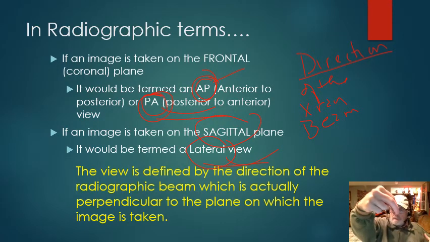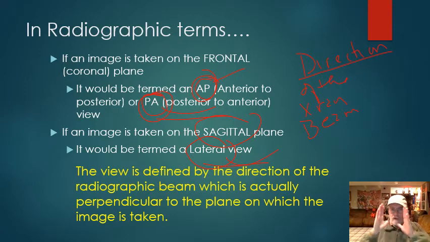And if the beam is perpendicular to that, it's going from an anterior to posterior direction, or if it's coming from the back, it would be from a posterior to anterior direction. If you're doing something on the sagittal plane, they cut me this way, then the beam is coming from the lateral side, so it's called a lateral view. Okay, so that's just describing the direction of the beam. I'll discuss this a little bit more during the class, but that's what that's about.